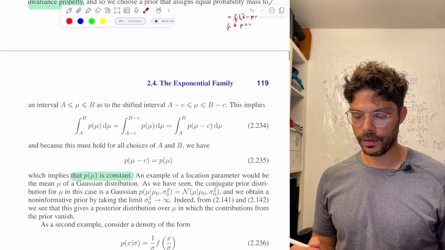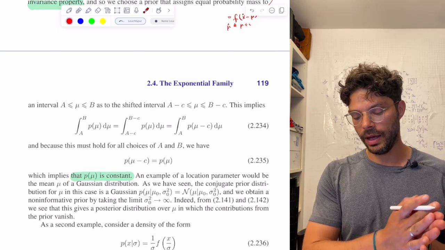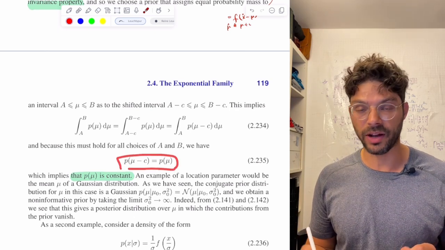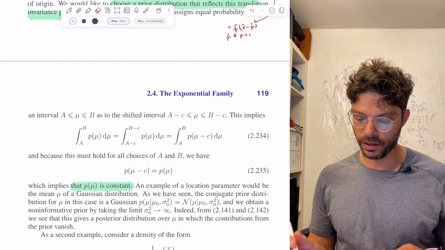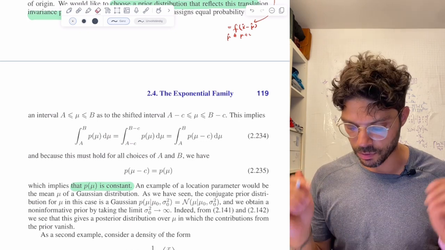Okay, so in the case where we have this translation invariance property, we arrive at the conclusion that our prior has to be constant. But we're not limiting our domain to anything, so we're going to be in that improper prior situation.